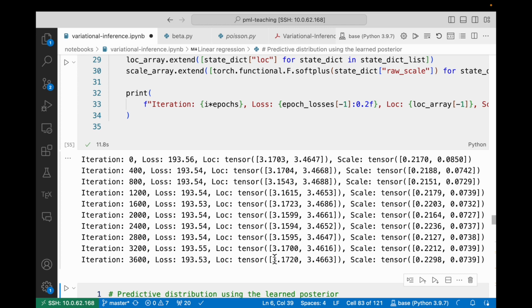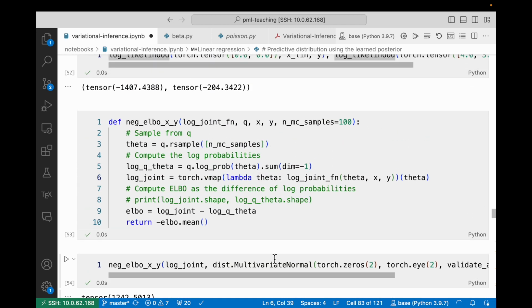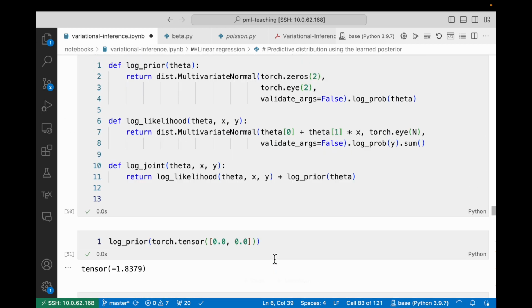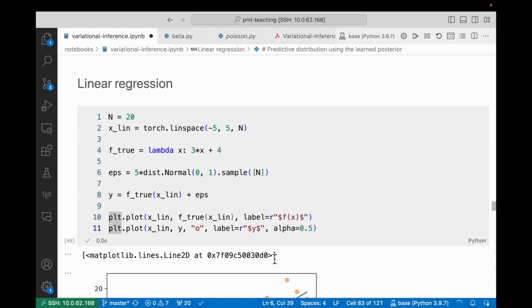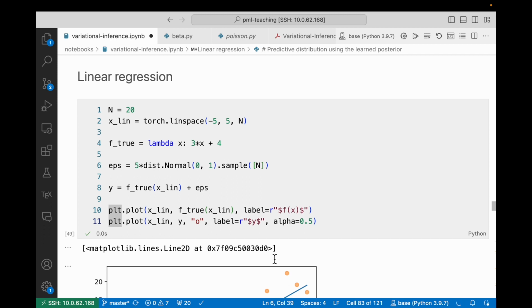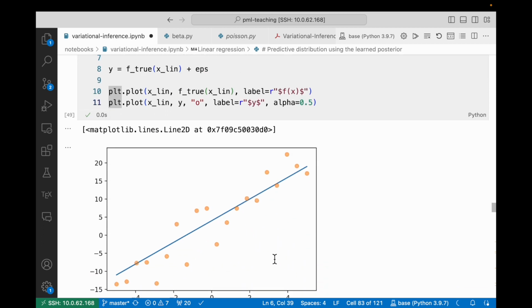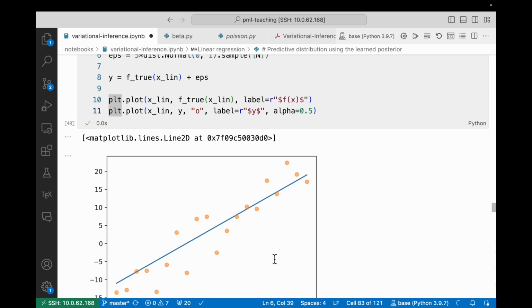3.1 and 3.4, right? Whereas if you see the generating function, it is 3x plus 4, right? Why do you think I'm unable to learn that? Why am I unable to learn the values 3 and 4 exactly?